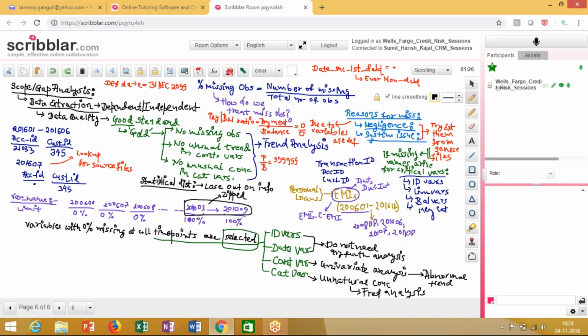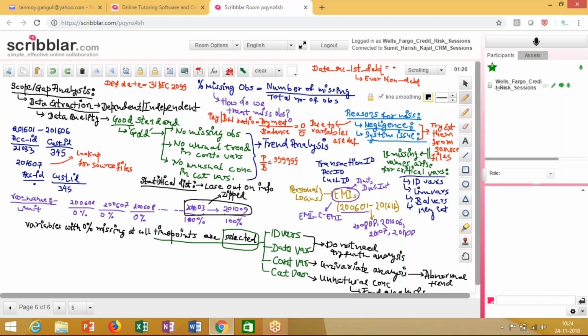Okay. So this is the broad framework of the story that we have. Now we move into the continuous and the categorical variables, and with that we will be completing our data quality check exercise.